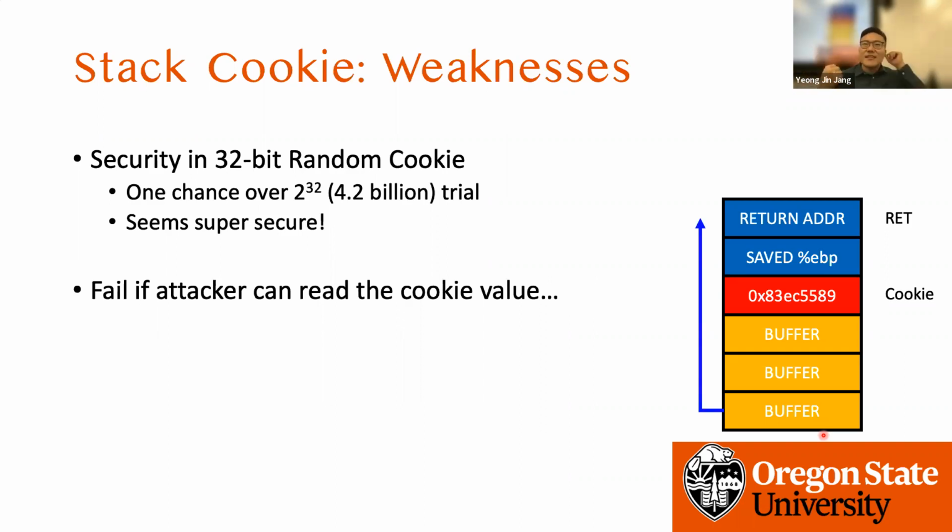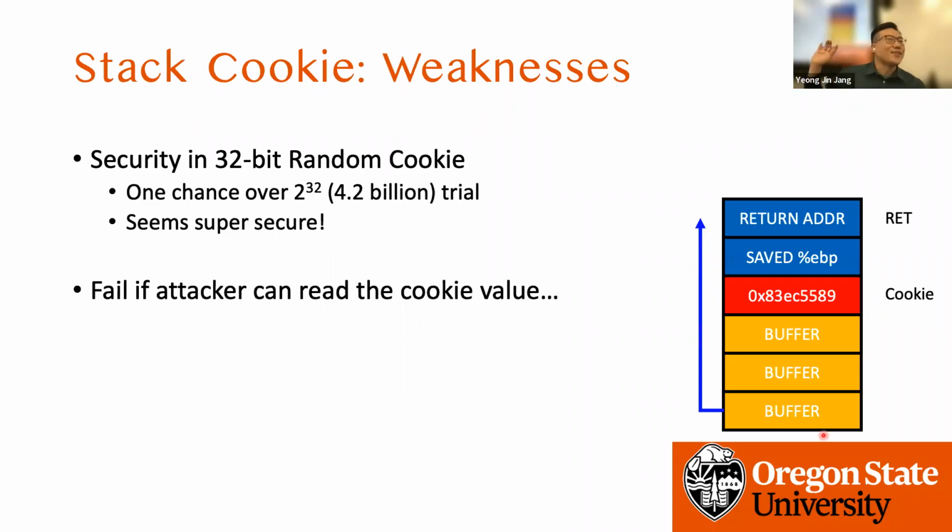What is the chance? The 32-bit random value can have 2 to the 32 cases, that's 4.2 billion trials. So if you try your exploit 4.2 billion times, you can win. Do you want to do that? You'd better purchase Powerball, right?